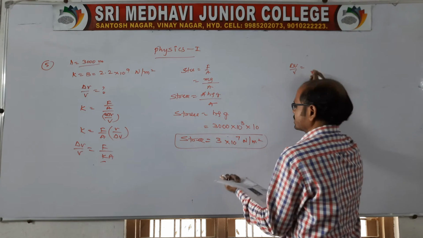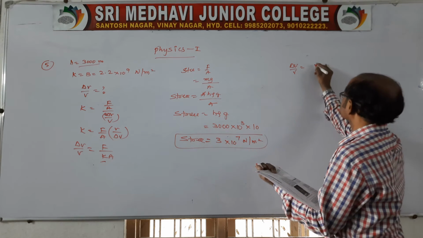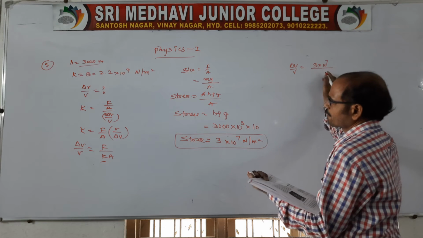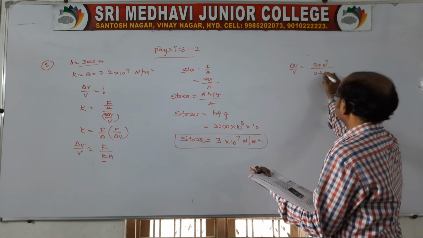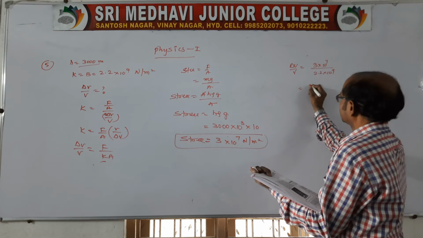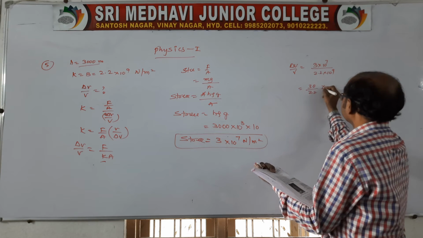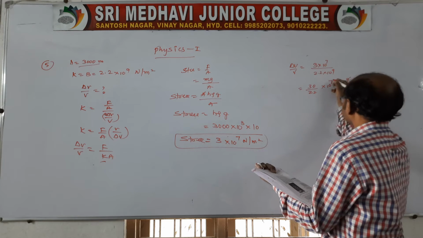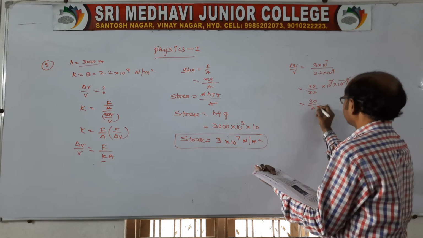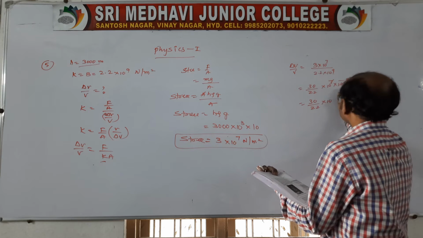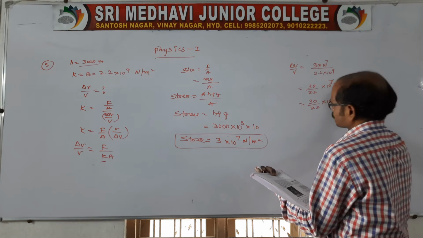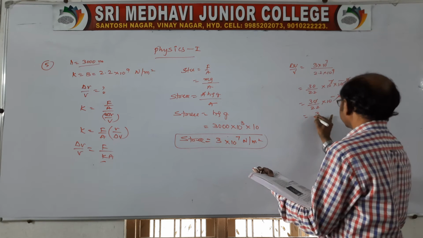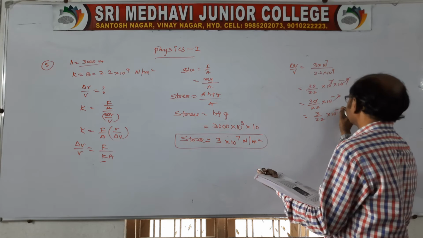Delta V by V is equal to stress, 3 into 10 power 7, by K, 2.2 into 10 power 9. So that is 30 by 22 into 10 power 7 into 10 power minus 9. Cancelling, we get 30 by 22 into 10 power minus 2, and again cancelling, 3 by 22 into 10 power minus 1.